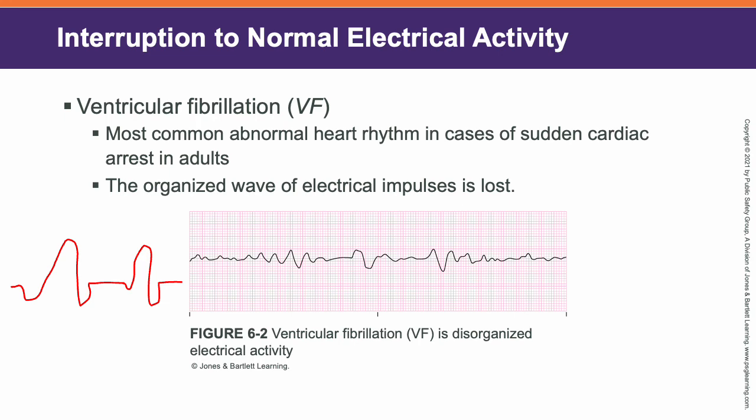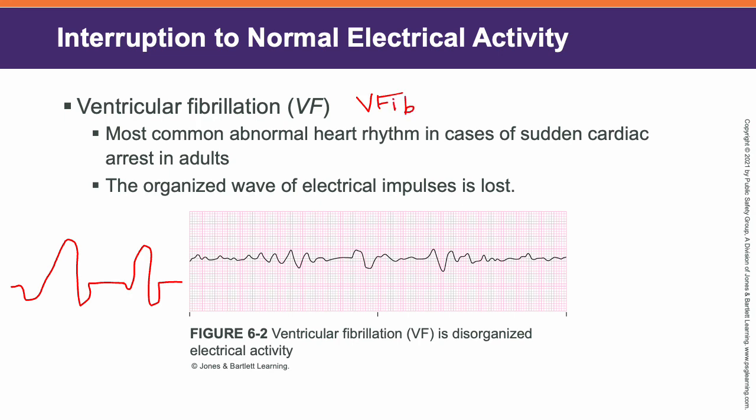Now, there are a couple of different rhythms we're going to talk about today that have names. Some of them are shockable and some of them are not. The first one we're going to talk about is called ventricular fibrillation, or VF, also VFib. You may hear me use that.